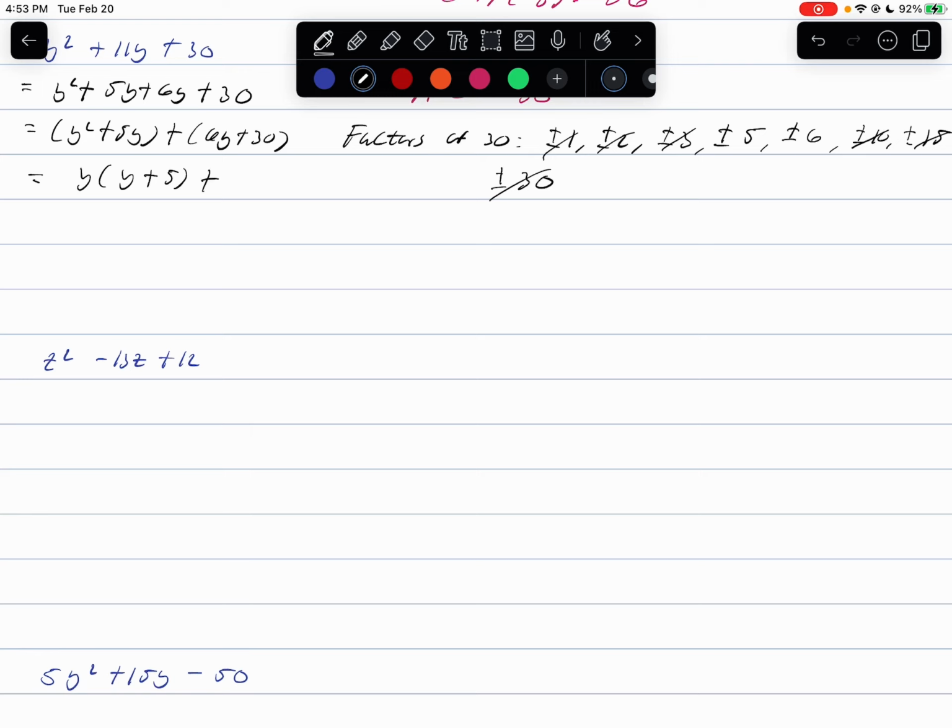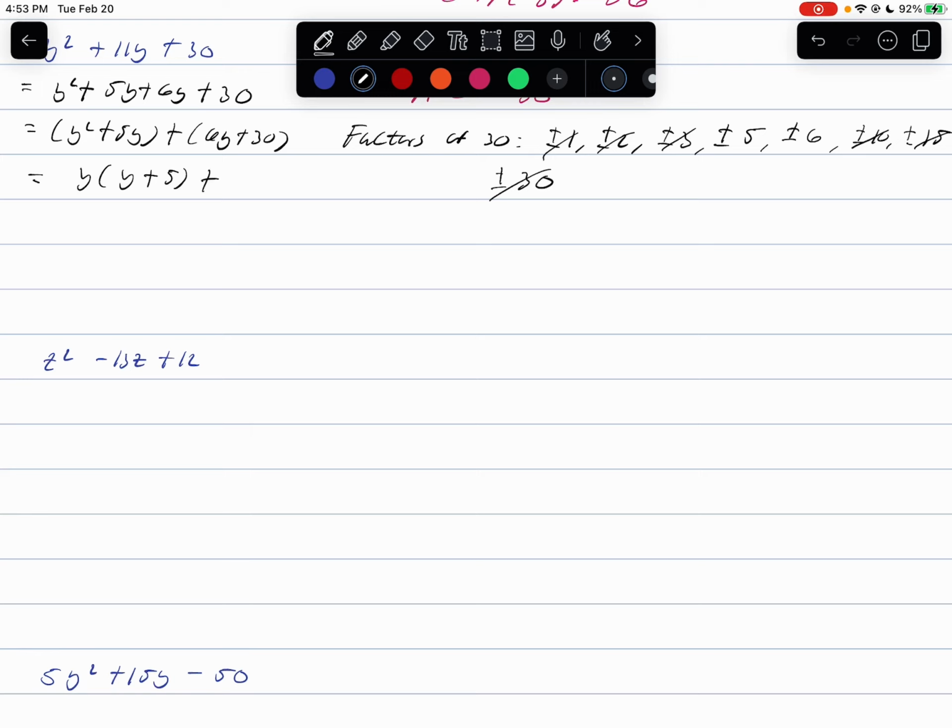And then here we can factor out a 6, so we have plus 6 times y plus 5. Then we can factor out the y plus 5 term, so we have y plus 5 times y plus 6. Okay.